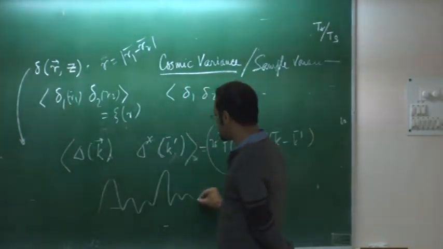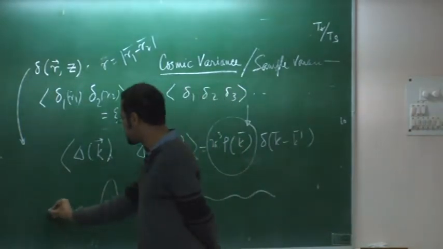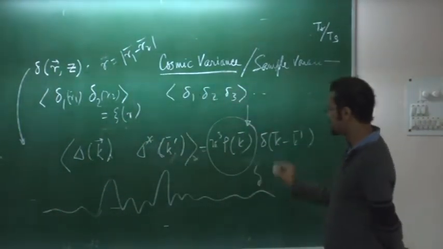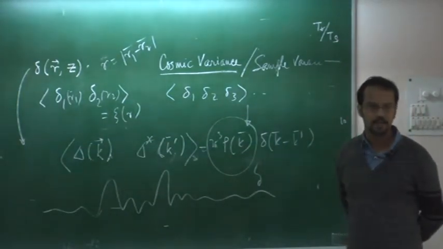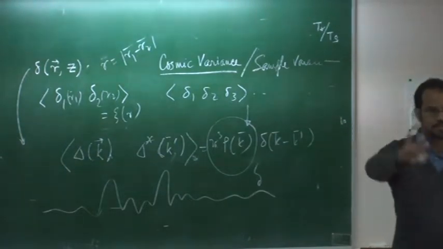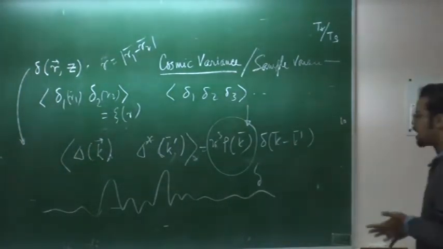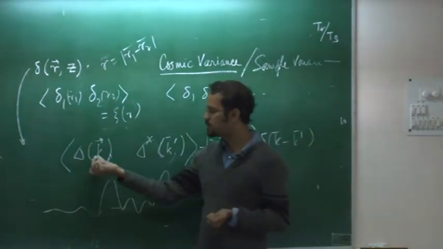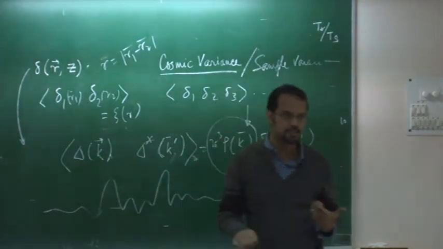So let's look at it in one dimension. This is some fluctuation in 1D, delta as a function of x. When you do a Fourier transform, what do you get? You get a whole set of harmonics. What information does each of these amplitudes contain?